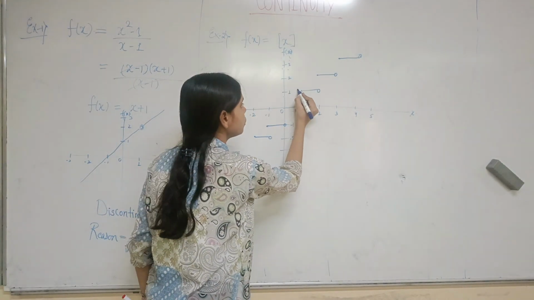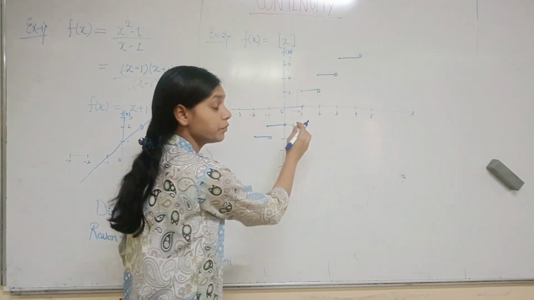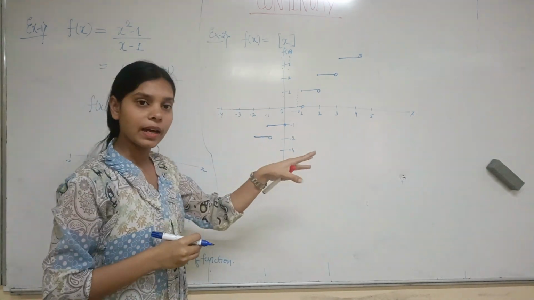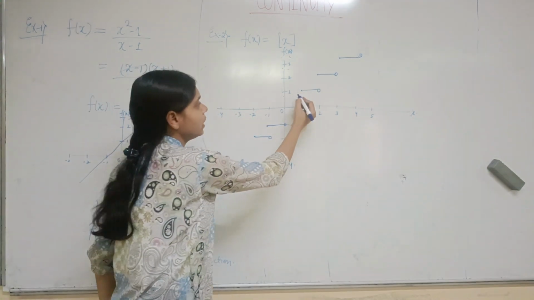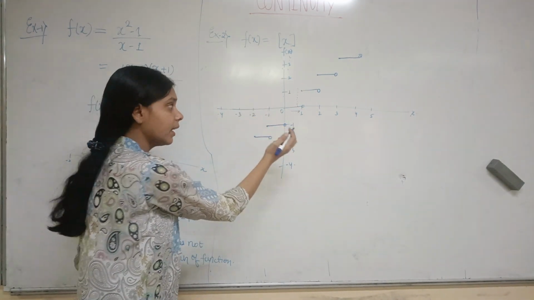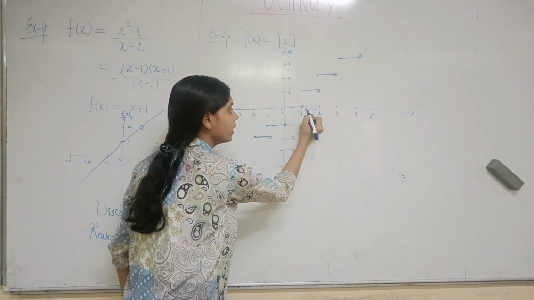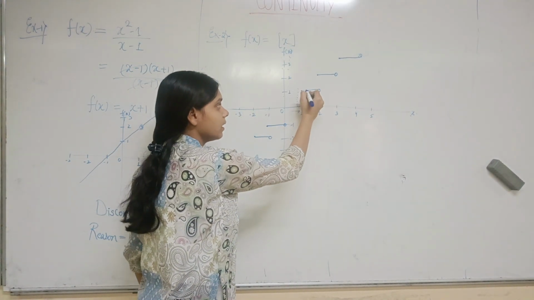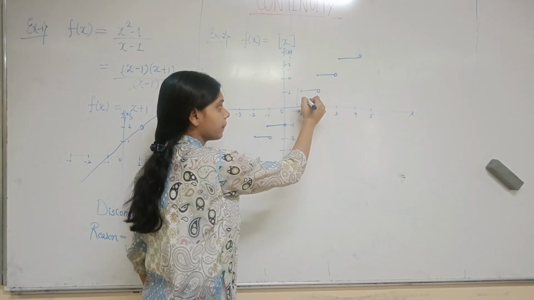Right, you can observe students, if we approach 1 from the left hand side, the value will be just slightly lesser than 1, right? And if we approach 1 from the right hand side, then the value is just greater than 1.